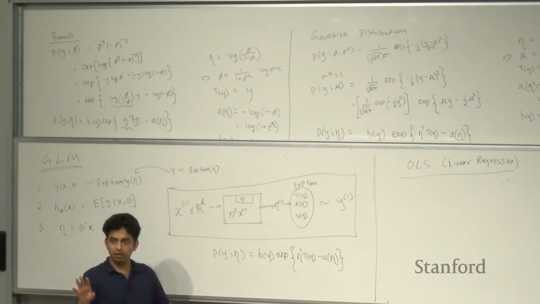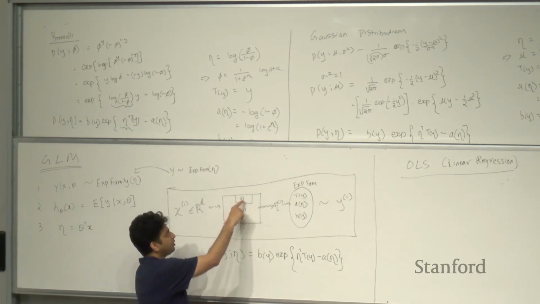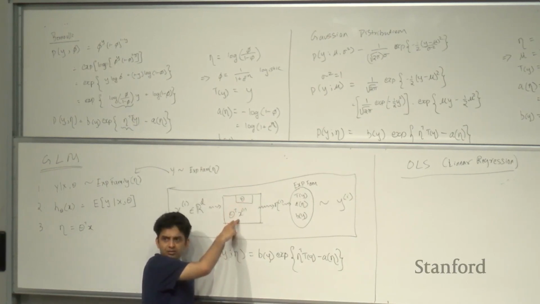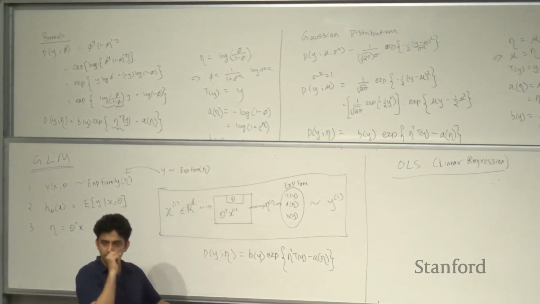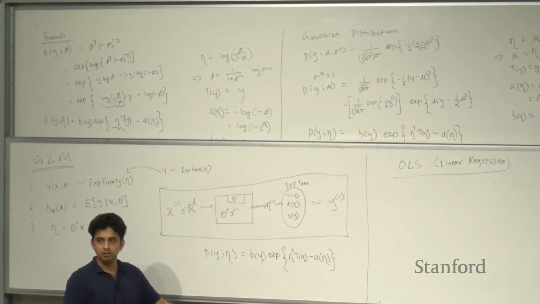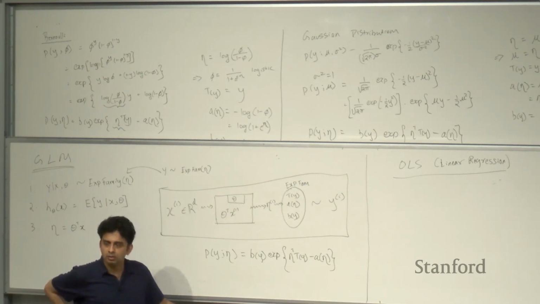So if I understood you correctly, the question is whether theta is local to x. Theta is a linear function of theta and x. Is it local to your data or local to your model? I'm trying to understand what you mean by local to your data or local to your distribution. Your eta will change.